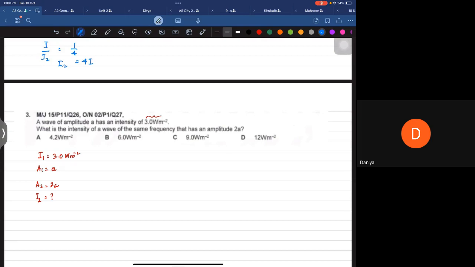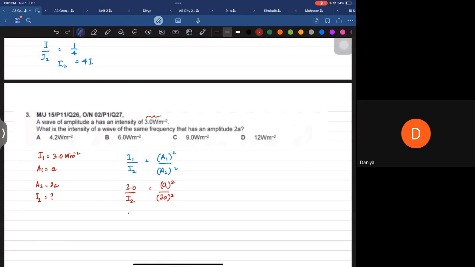I1 over I2 equals A1 squared over A2 squared, which is A squared over 2A squared. Now simply add this information into this. You don't have to think about anything else. I1 is 3.0, I2 is I2, A1 is A whole square, and A2 is 2A whole square. Now just solve this.